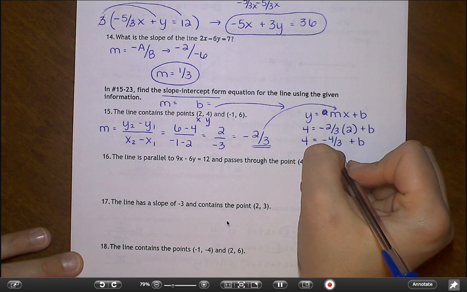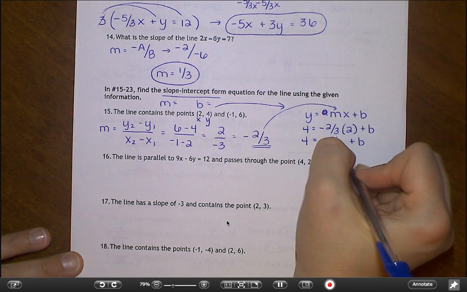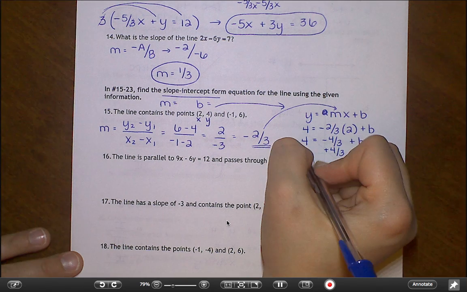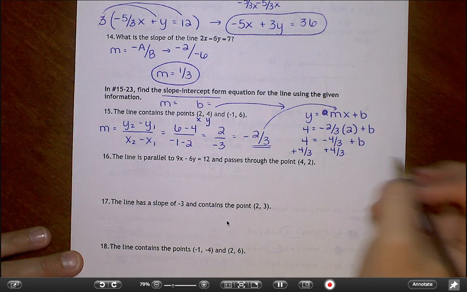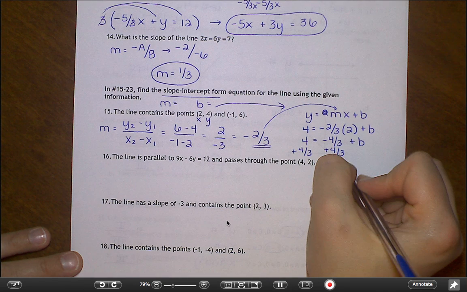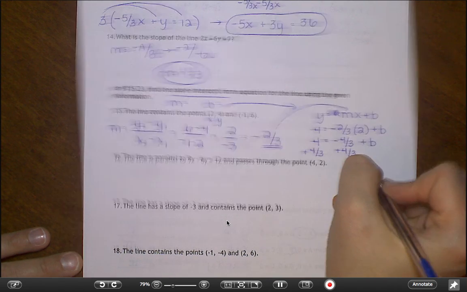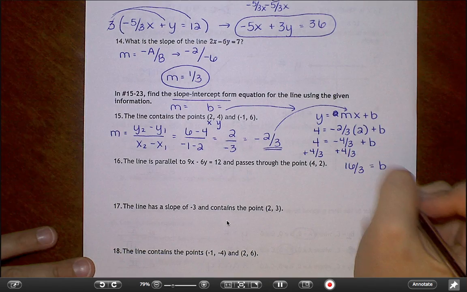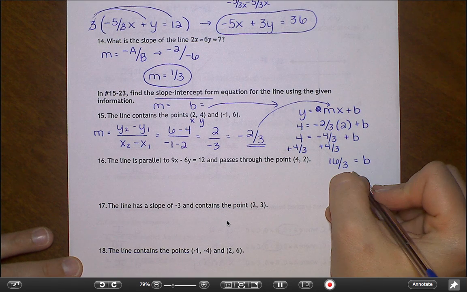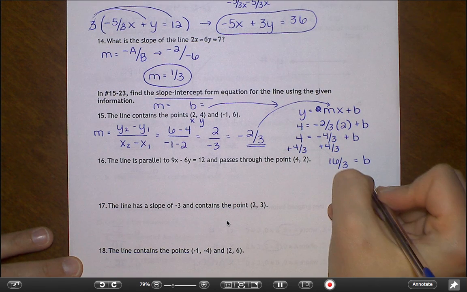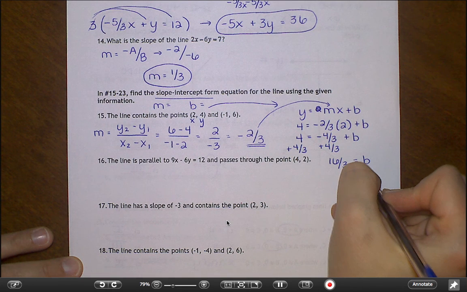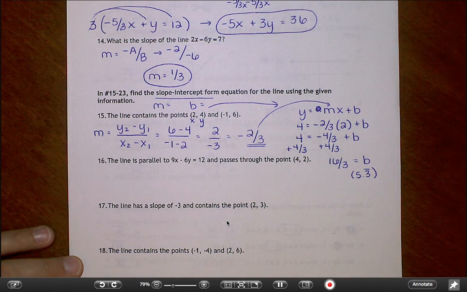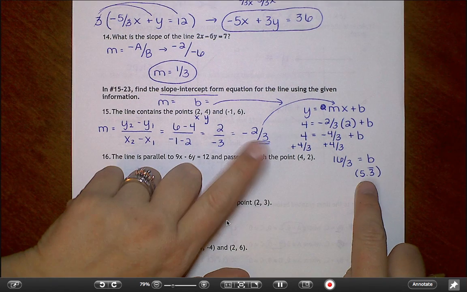Add 4/3 to each side. And I believe you're going to get 16/3 as a b value. If you're doing that in decimal form, it would be like 5.3 repeating. Okay. But then you need to take these two things and put them back together.